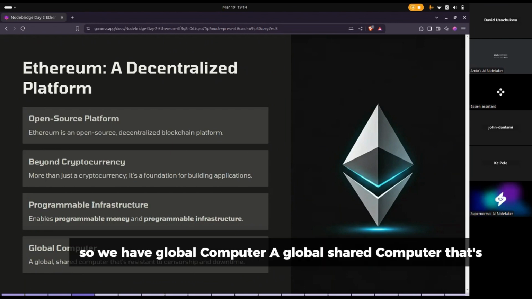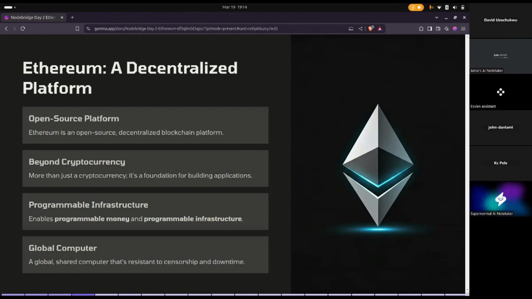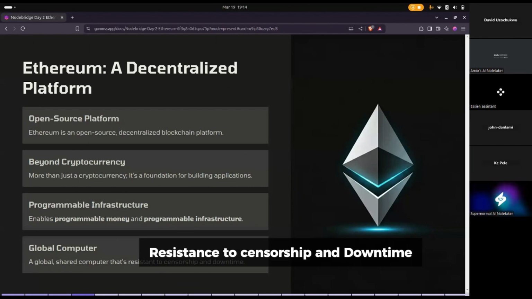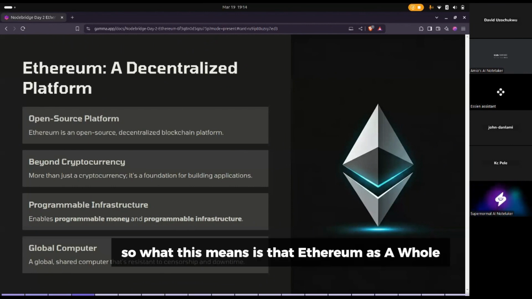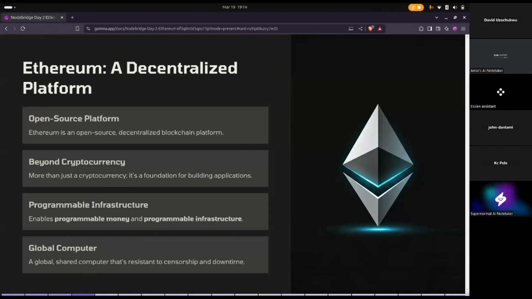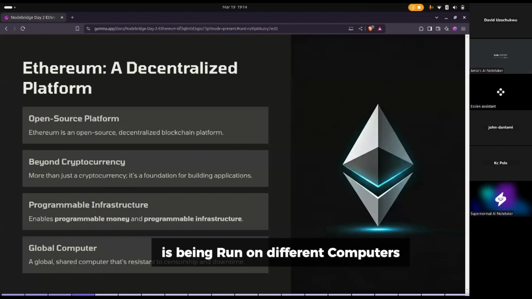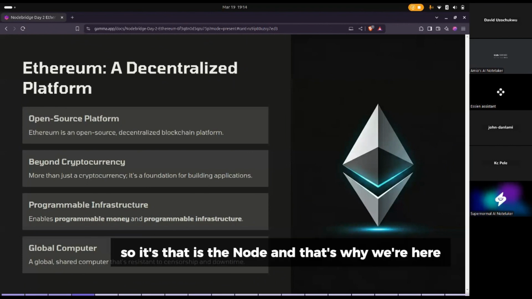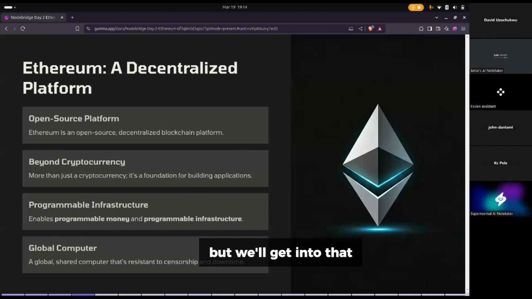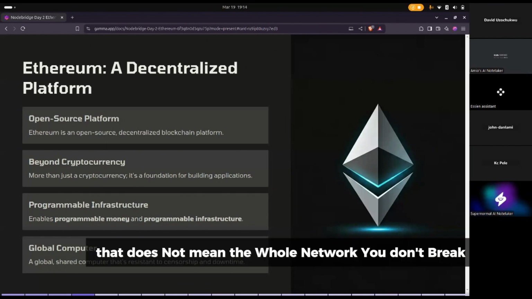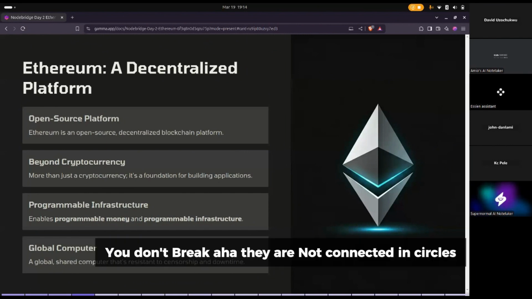So we have a global shared computer that's resistant to censorship and downtime. What this means is that Ethereum as a whole is being run on different computers. That is the node, and that's why we are here, but we'll get into that. There are different computers connected to each other, so when one goes down, the whole network doesn't break.